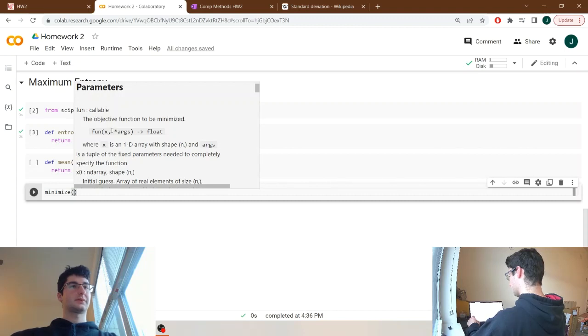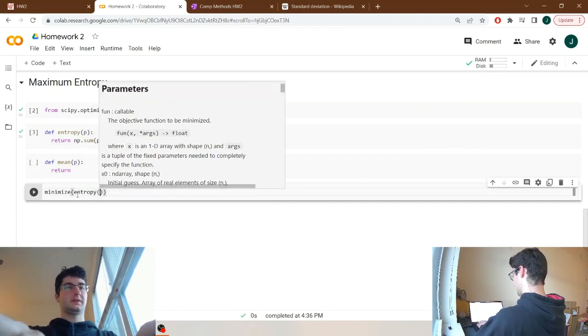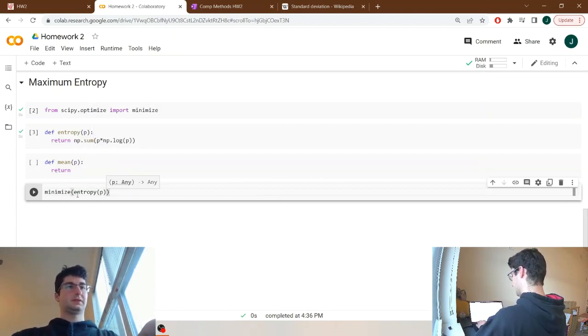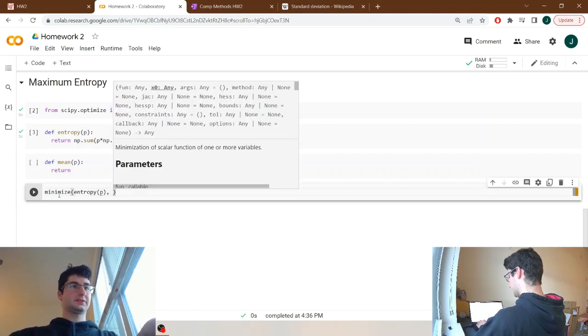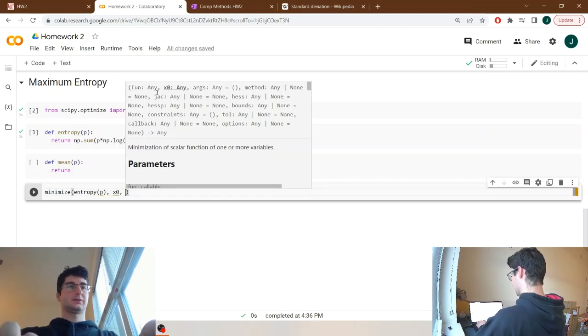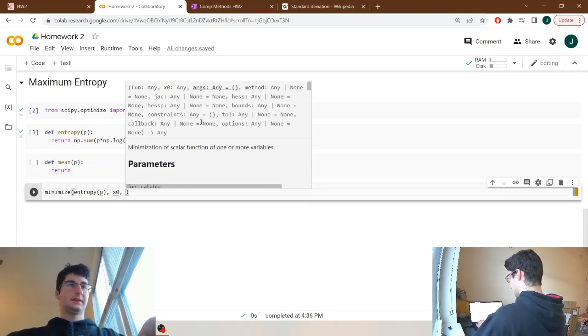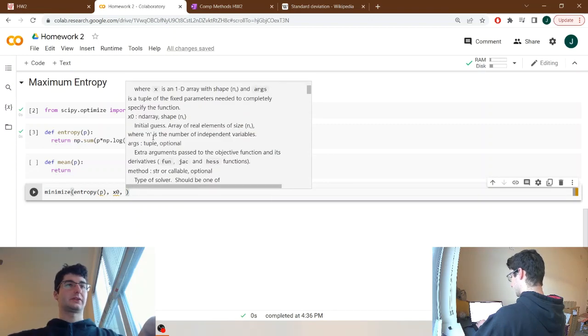So our function that we're going to be calling is going to be this entropy, and we're going to give it entropy p, and it looks like it wants some sort of initial guess, so we'll have to define that in a second. And then this is where the constraints come in.